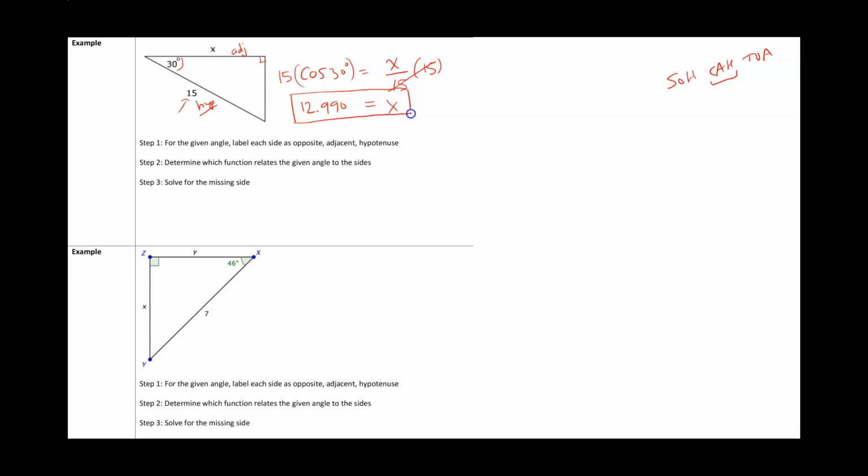Another thing that I forgot to mention is to make sure your calculator is in degree mode since we're working in degrees. All right, for this next example, we're solving for x and for y, and this one we will do in class.